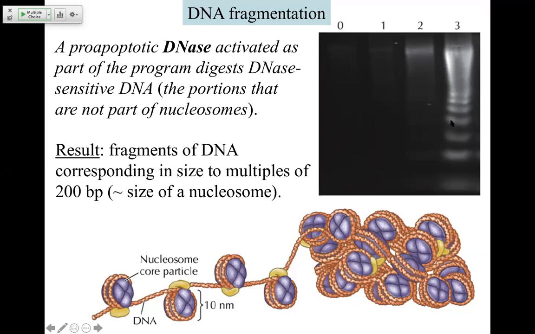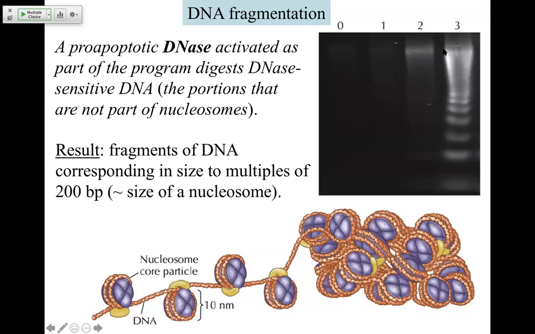And you can actually see that in this image of DNA run on an agarose gel. In lane 2, we have this very high molecular weight chromosomal DNA. In lane 3, we're looking at the DNA from a cell that's dying.